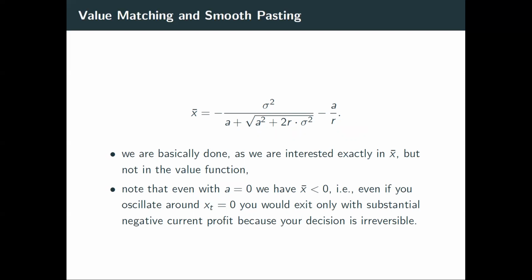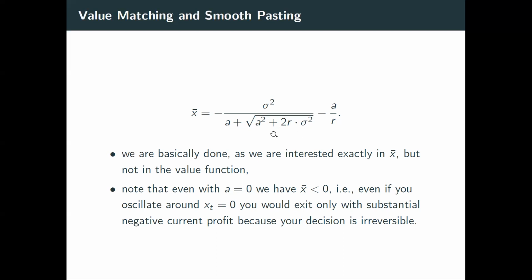We observe current profit, and what should we do: exit the market or continue operations? It turns out this is a threshold point. You look at your current x_t and compare it. If it's lower than this boundary, you exit. If it's above, you continue operations.